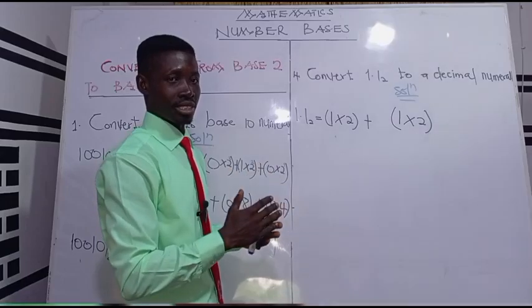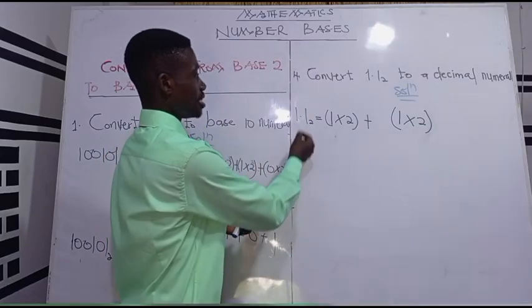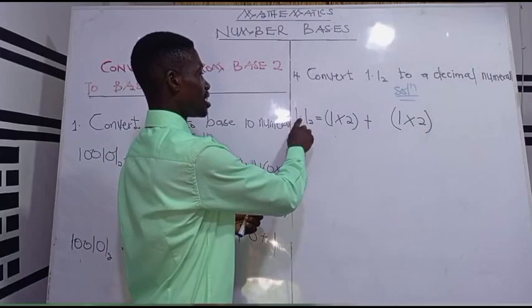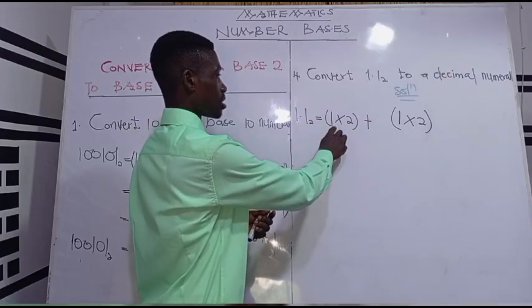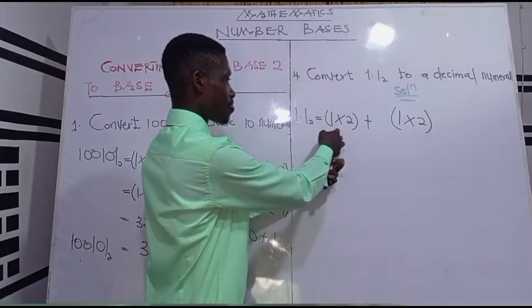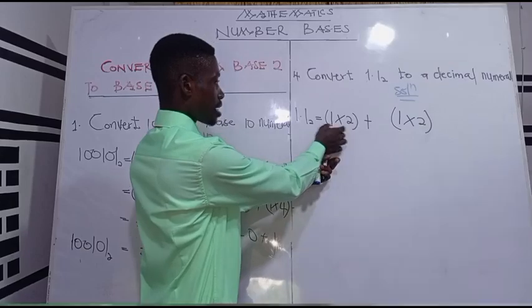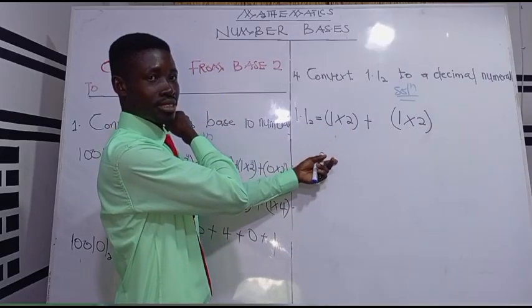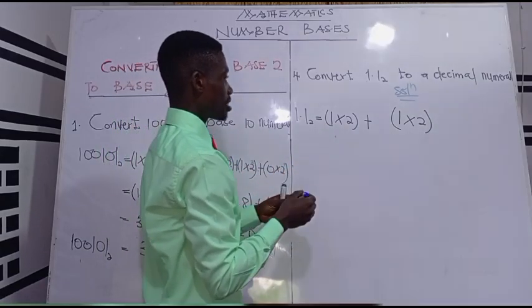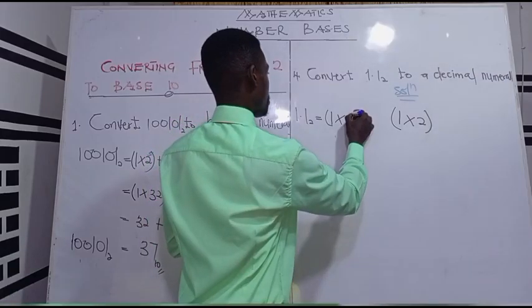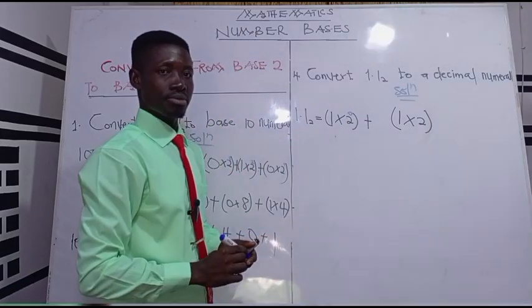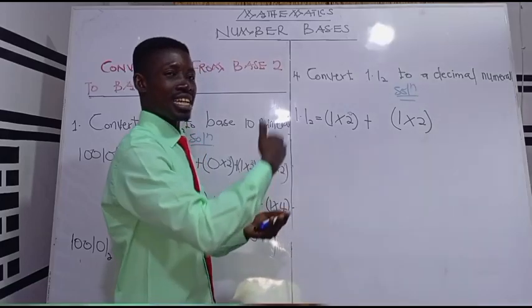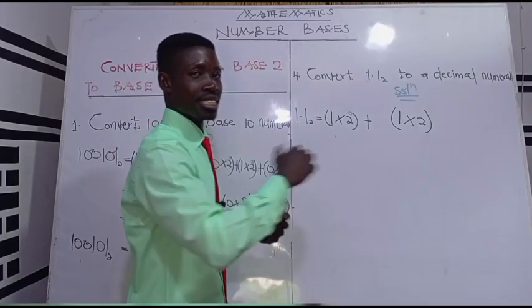In counting, the number in front of the decimal point is 1, which is this one. So the counting starts from 0.